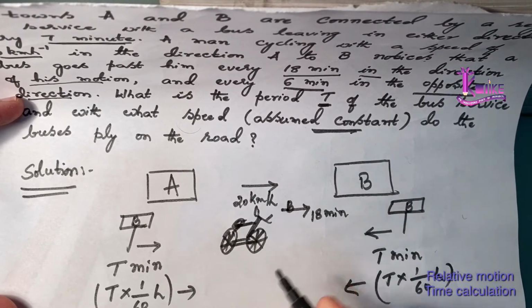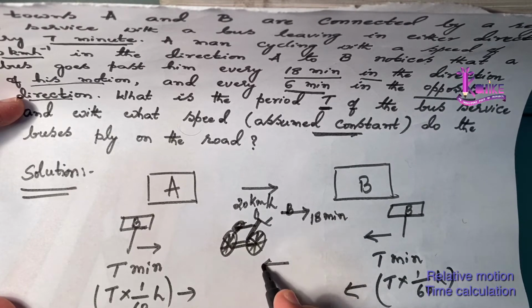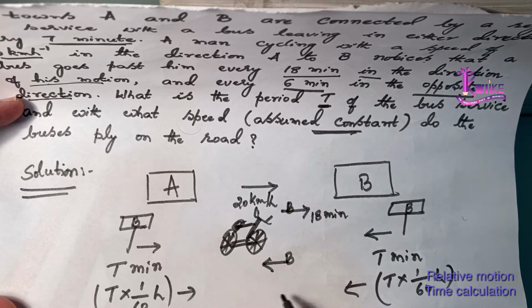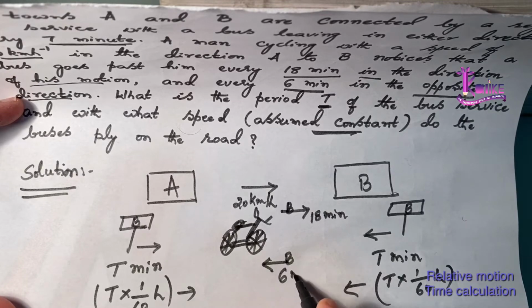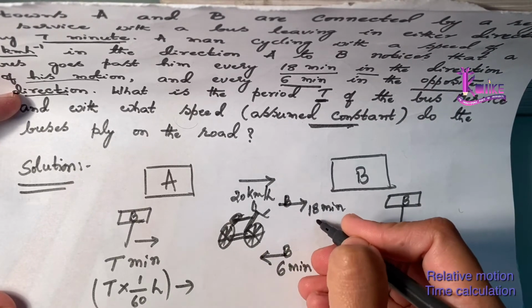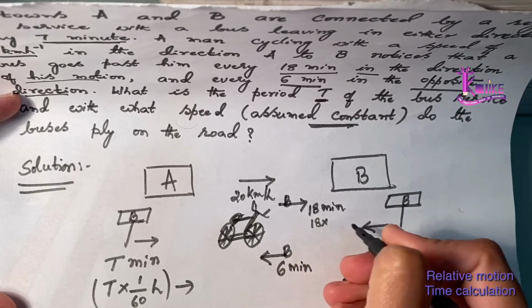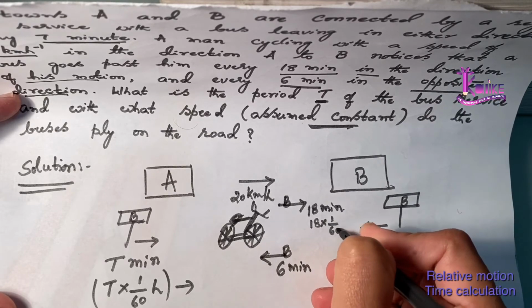Every 18 minutes he spots a bus moving past him in his direction. Also he spots buses plying in the opposite direction every 6 minutes. Right? Here also you can convert them into hours by simply multiplying by 1 by 60.